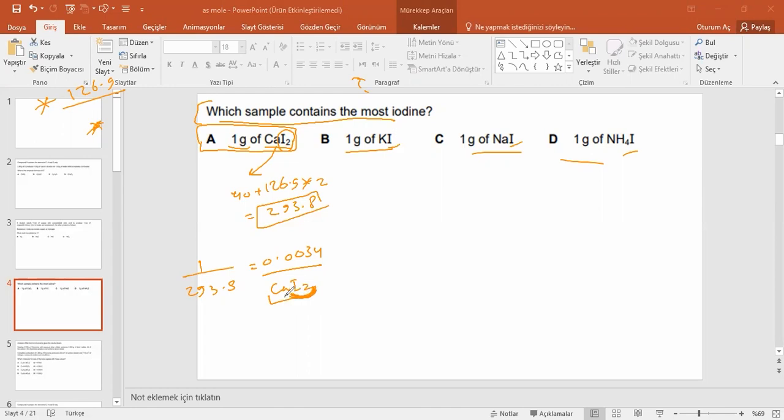The number of moles of Ca is 0.0034, but we have two iodine. So for iodine, it will be 0.0034 times 2 because we have I2. So this one will be 0.0068. This is the moles of iodine in here. Let's move to the next question. And the next question, we need to find the molar mass of KI.